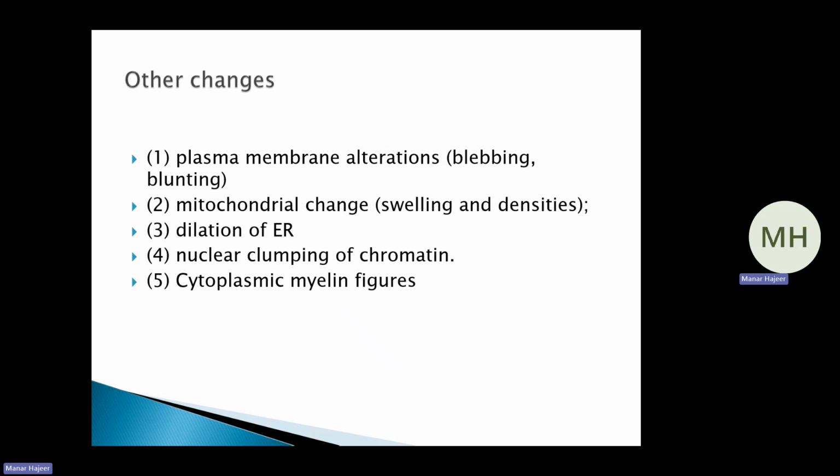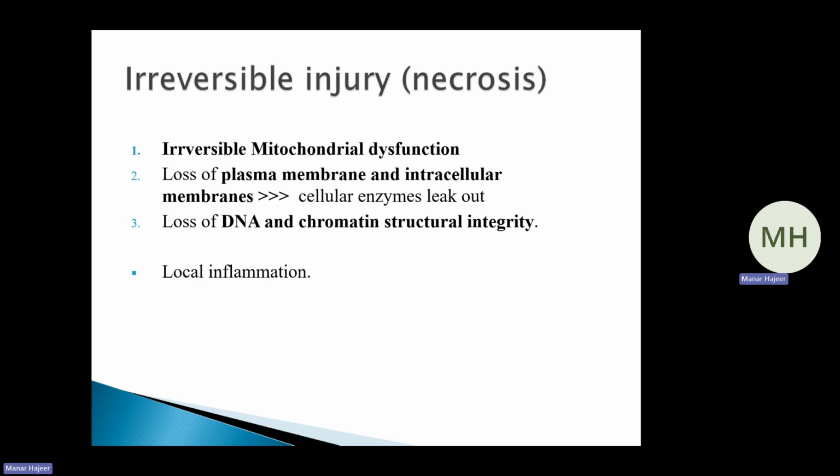We have also nuclear clumping of chromatin, but again, the nucleus is still intact and present inside the cell. The cytoplasm will contain some myelin figures derived from the phospholipids of the altered plasma membranes and organelle membranes. These changes are also seen sometimes in irreversible injury, but they are much more severe.